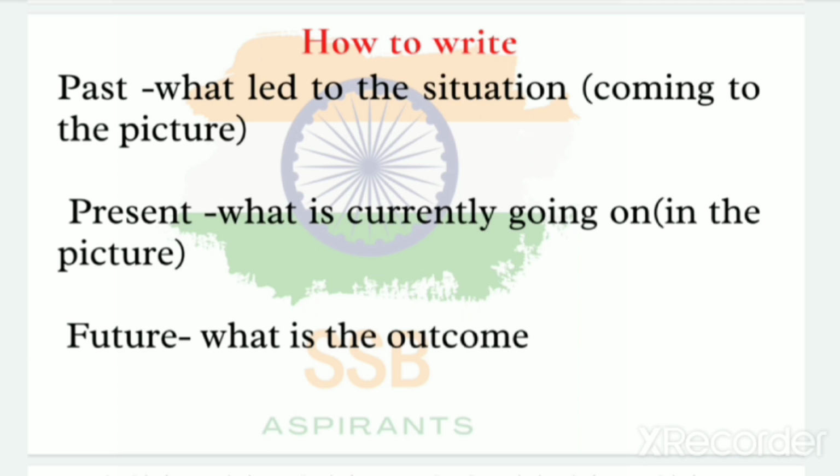A common mistake candidates make is that they make the story mostly in past or mostly in future. Sometimes you can only make a story in past, from the idea that comes to your mind. For example, you are seeing a person studying. The idea that comes to your mind is preparing for an examination.